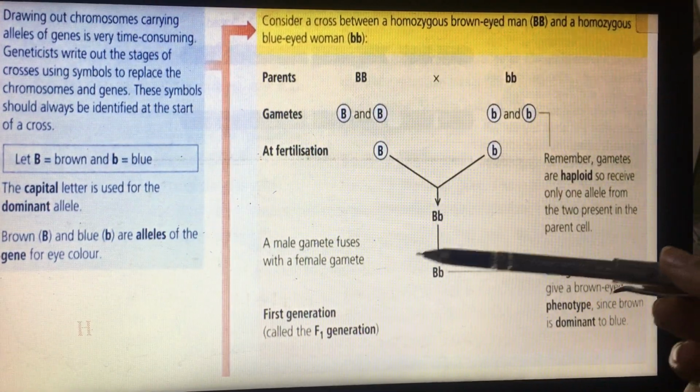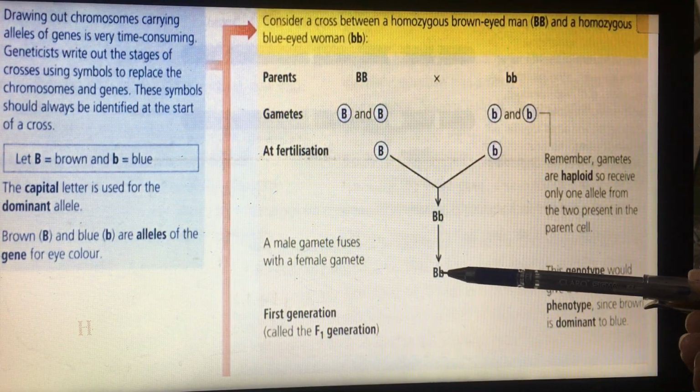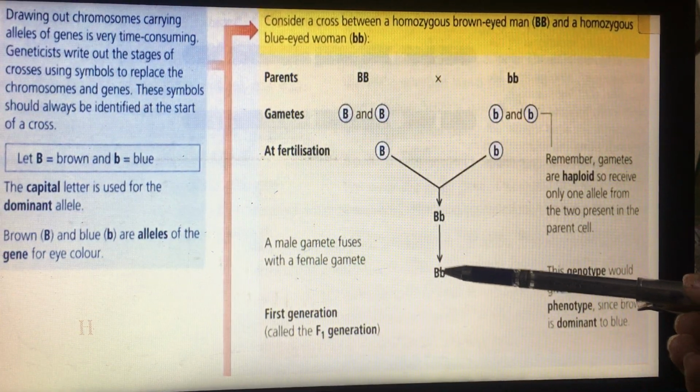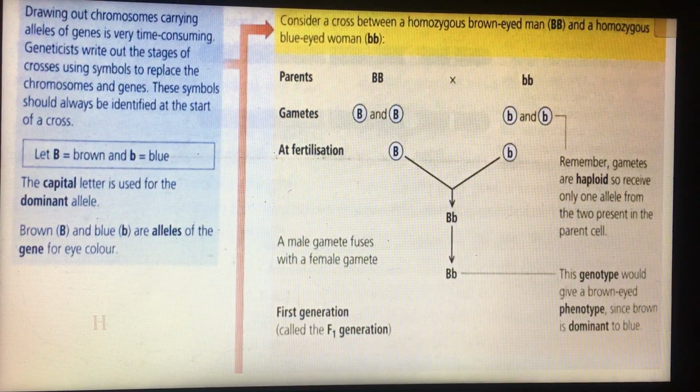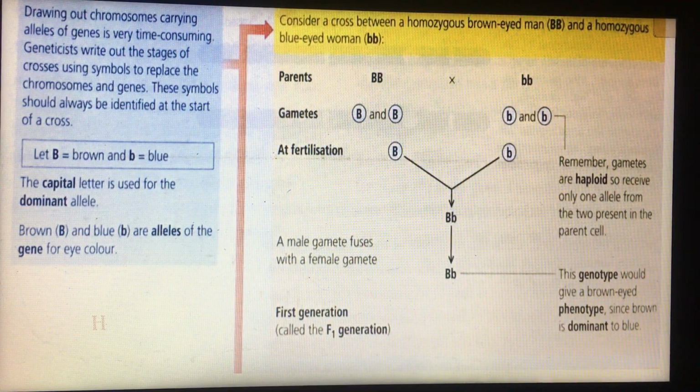So the feature will be as the dominant. Here we have B capital, B small. B capital is dominant, and the feature of the dominant here is that the eye color is brown.